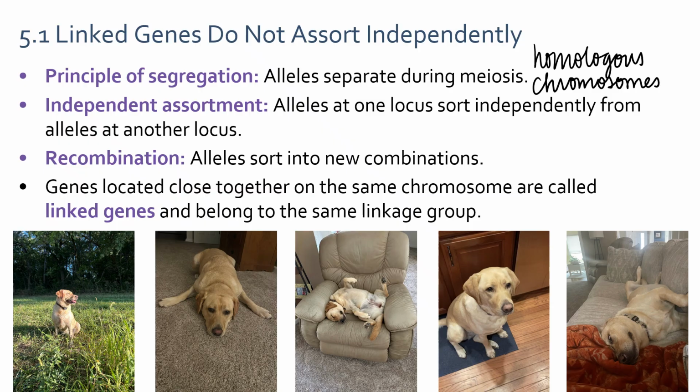Remember that each gamete receives one copy of each allele, and this happens because we separate those homologous chromosomes in meiosis 1.